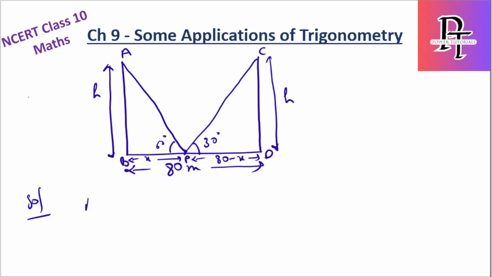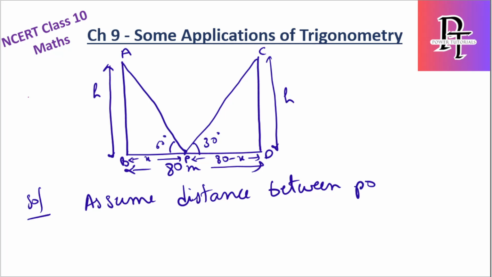I assume the distance between pole 1 and the point on the road is equal to x.